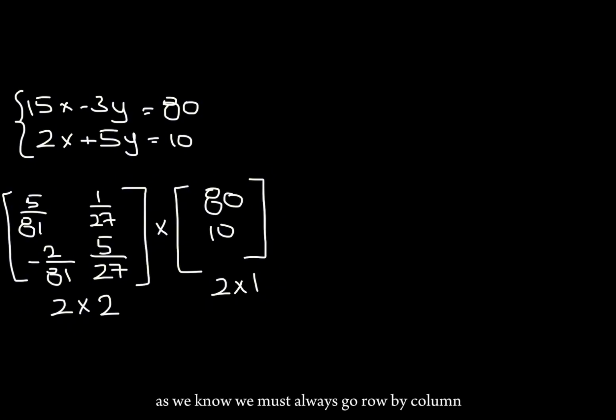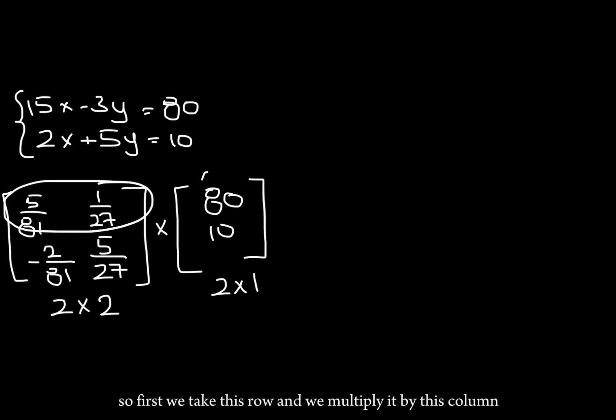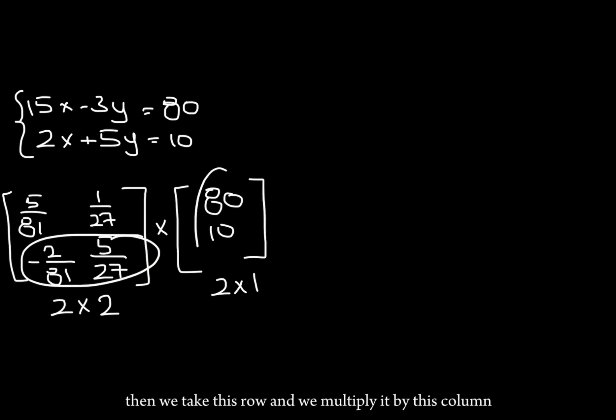As we know, we must always go row by column. So first, we take this row and we multiply it by this column. Then, we take this row and we multiply it by this column.